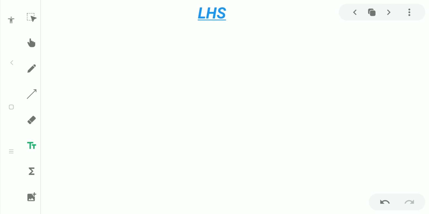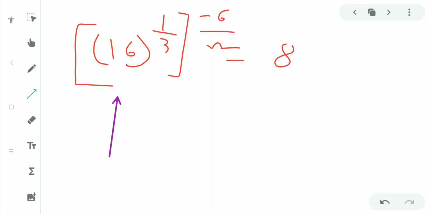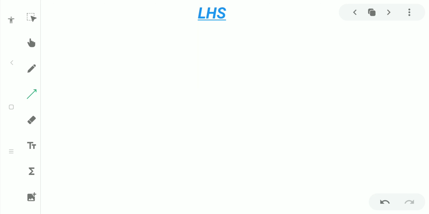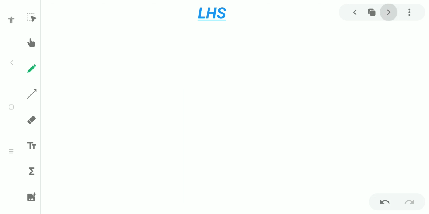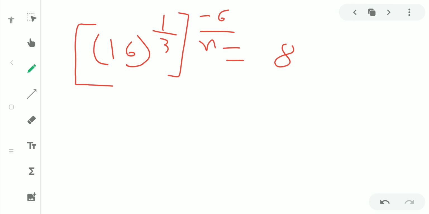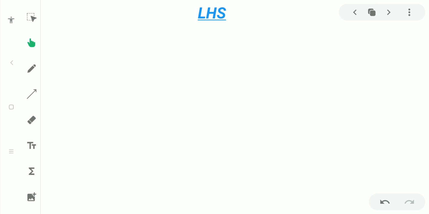An exam tip is, if you have a complicated one, you better take LHS once and RHS once, and then you can equate the further or the uttermost solved expressions. So on taking LHS, we will get 16 power 1 by 3 multiplied with minus 6 by n.